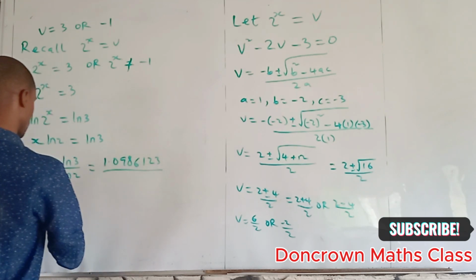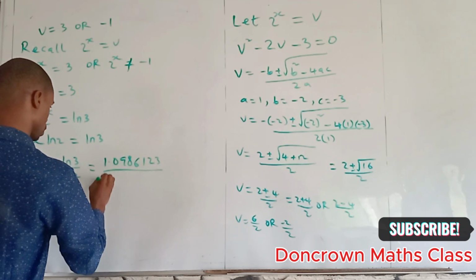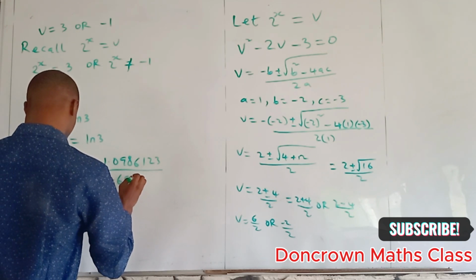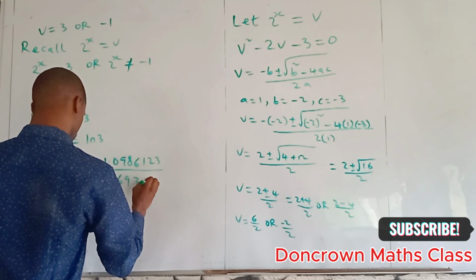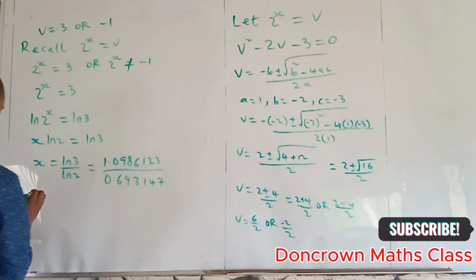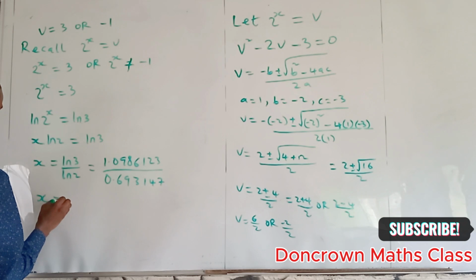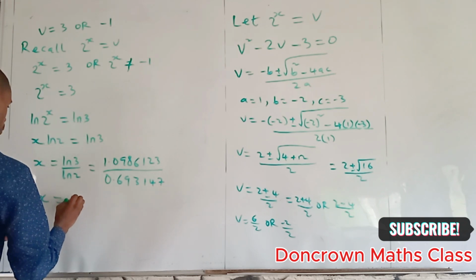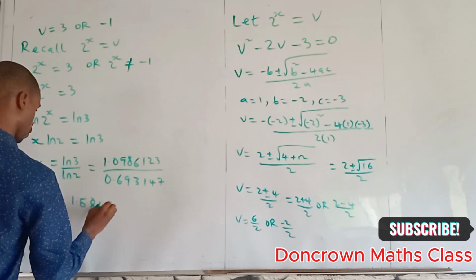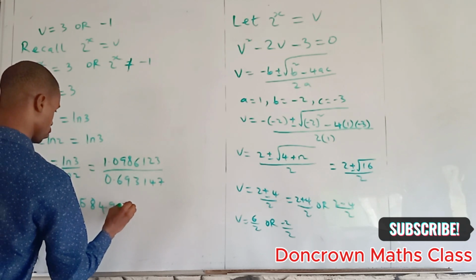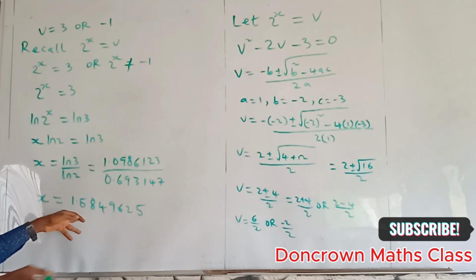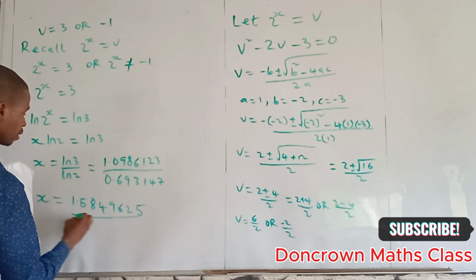Then all over, our natural logarithm of 2 will give us 0.693147. So if you divide this, our answer x equals to 1.5849625. So therefore, this is our final answer.